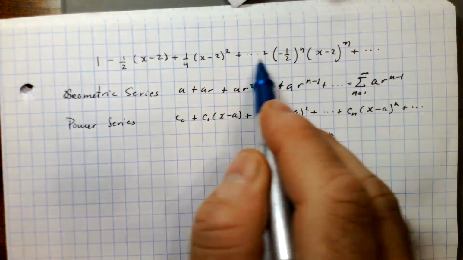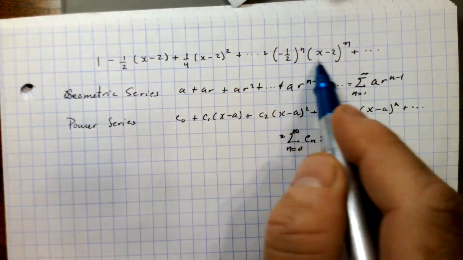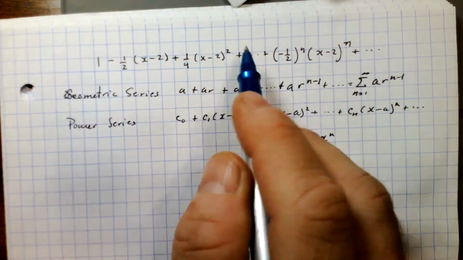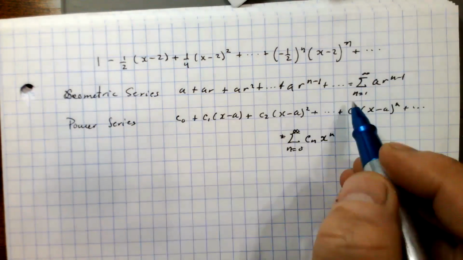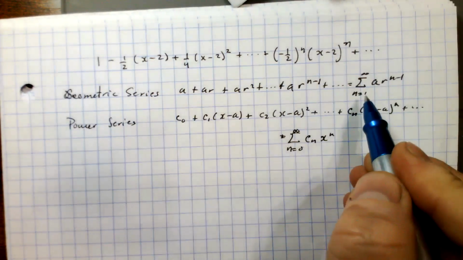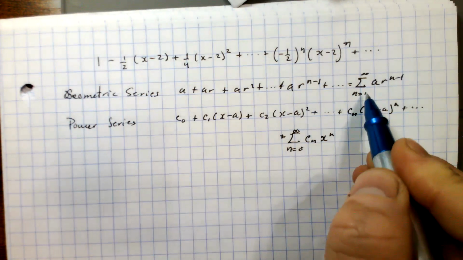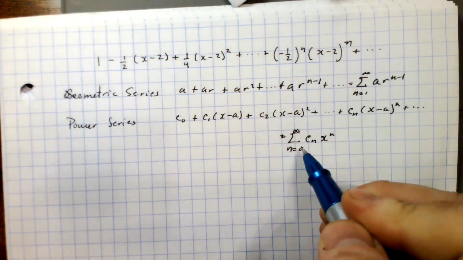So if you look at each of these values in this series, the indexing is also important to note: this n goes from 1 to infinity, whereas this one starts at 0.